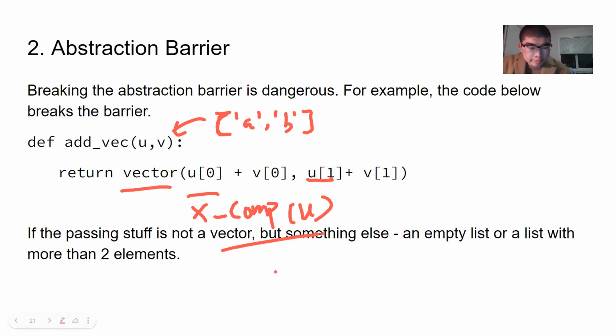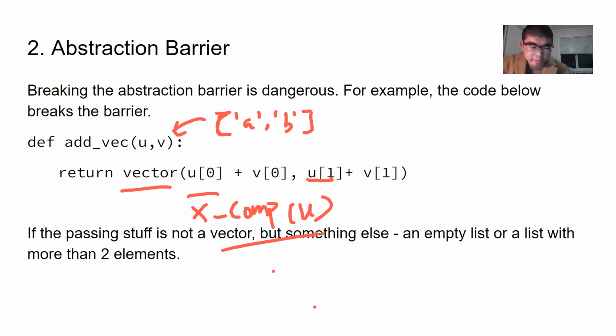Yeah. If the input is not a vector, but something else, maybe even an empty list, and you are having an empty list, you have u of 0 and u of 1, it will basically have the error like list index out of range.